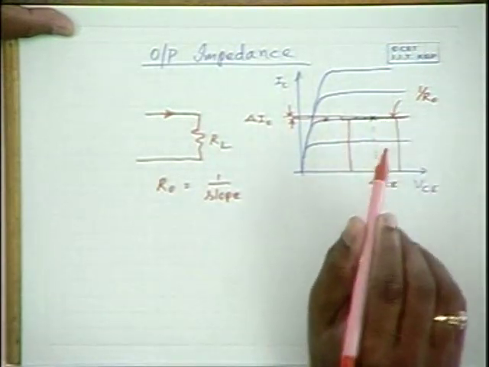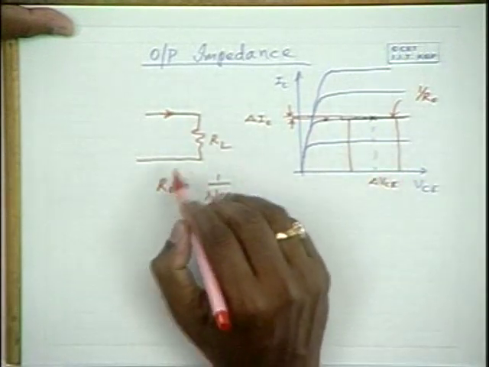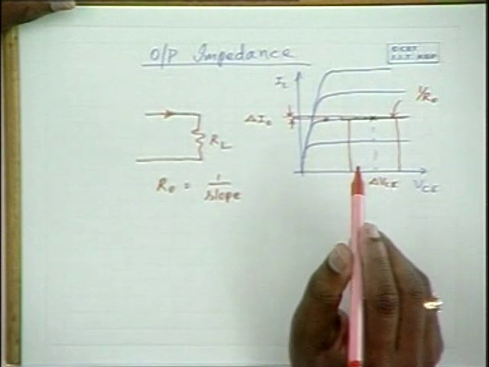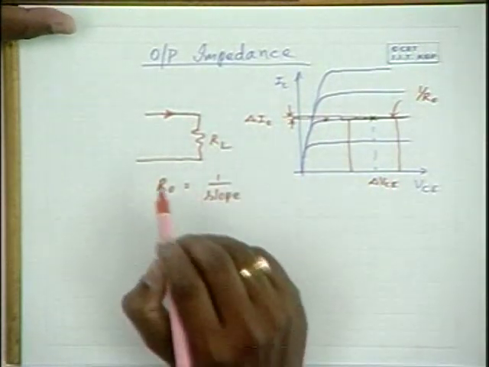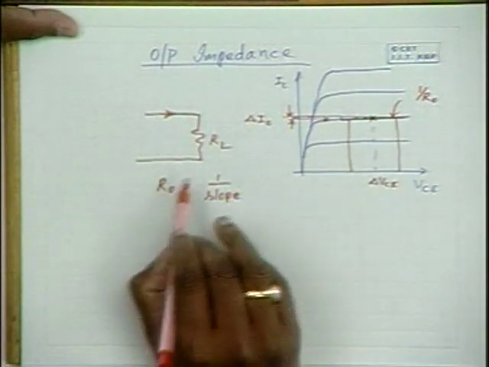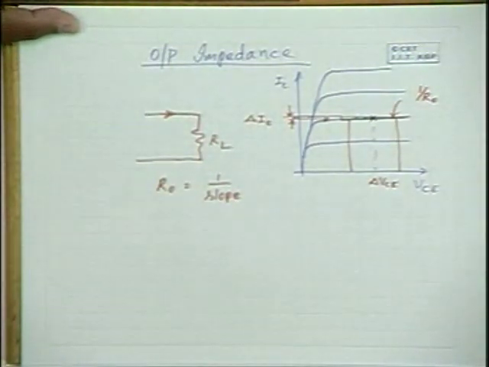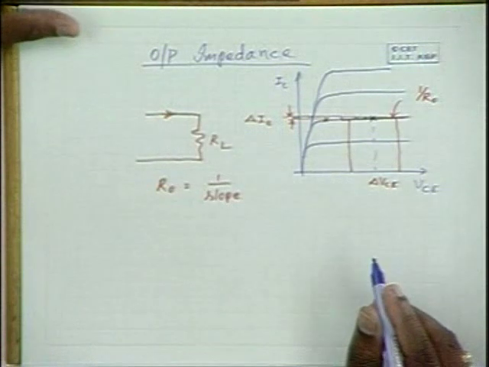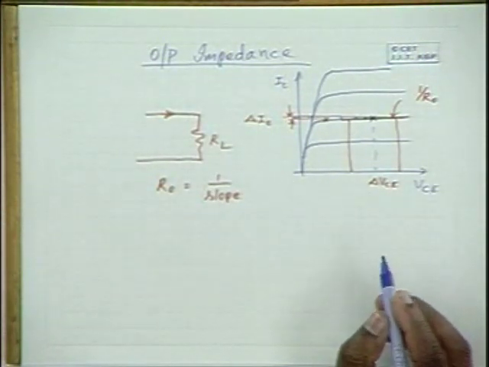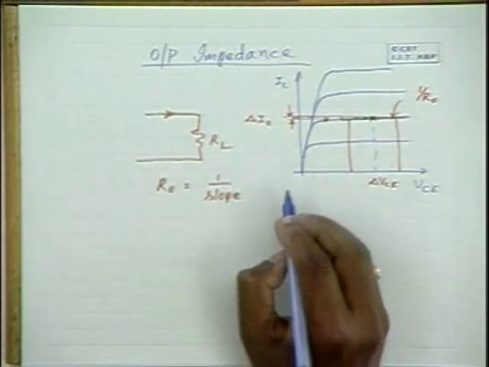So the operating point also decides how much output impedance and gain, etc., the transistor offers. So given the characteristics, one can determine the slope. And in the case of a common emitter amplifier, the output impedance is of the order of 40 kilo ohms.